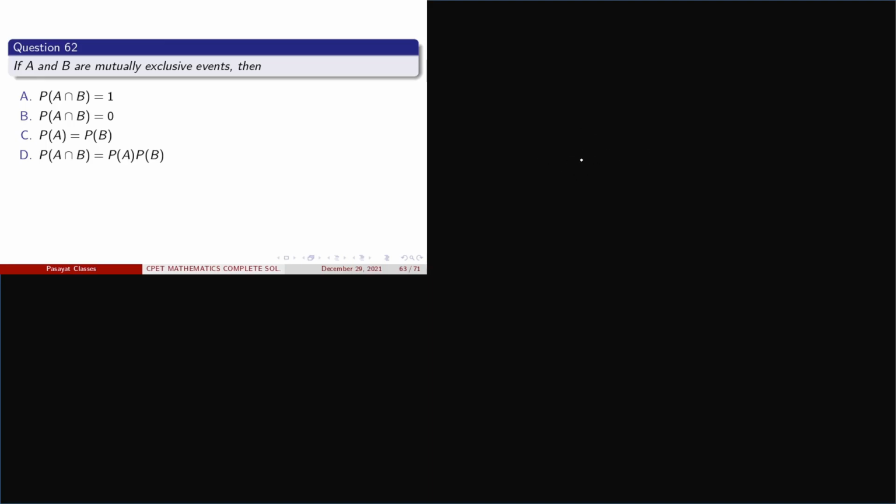Simultaneously, head and tail cannot occur. So this type of events are known as mutually exclusive events. So here probability of A intersection B is always 0. So here option B is correct, as if we toss a coin, then either we get head or tail.